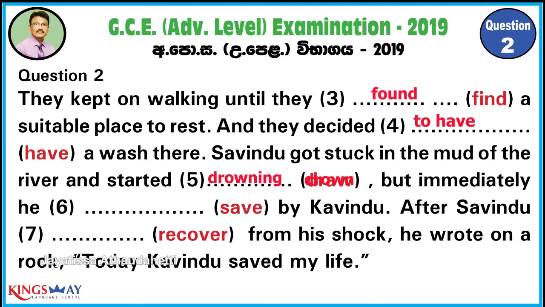In passive voice sentences, there must be a be verb and also the past participle form of the verb. Save is given. The past participle form of save is saved. What should be the be verb? Since this happened in the past, with he, we use was. So the correct form is he was saved by Kavindu.